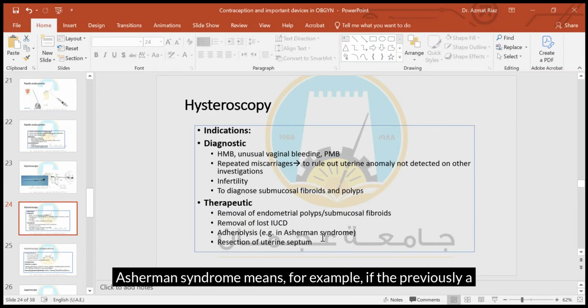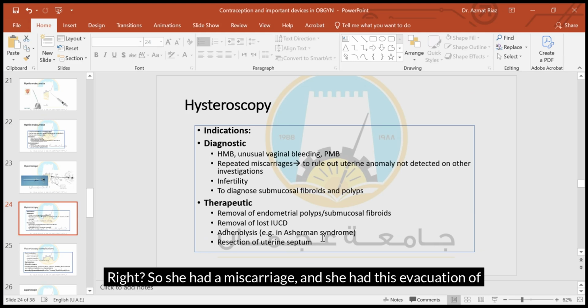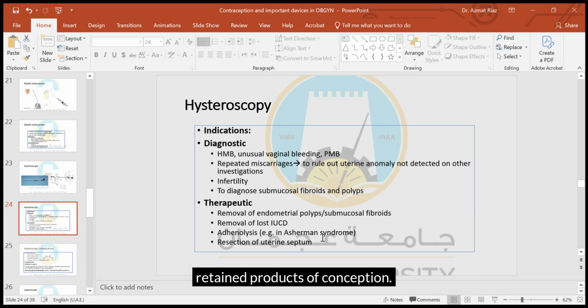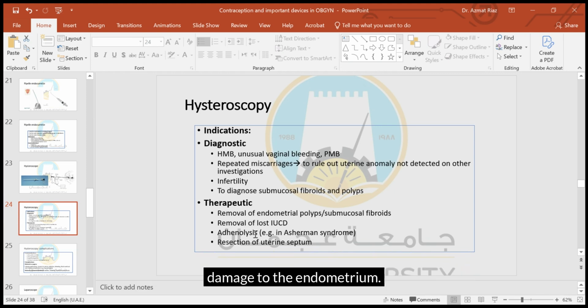Asherman syndrome means, for example, previously a woman had a D&C, like evacuation of retained products of conception, which in most parts of the world is called D&C, dilatation and curettage, right? So she had a miscarriage and she had this evacuation of retained products of conception, but at the time of that evacuation, the doctor over-enthusiastically curetted, tried to clean the uterus, which can cause damage to the endometrium.